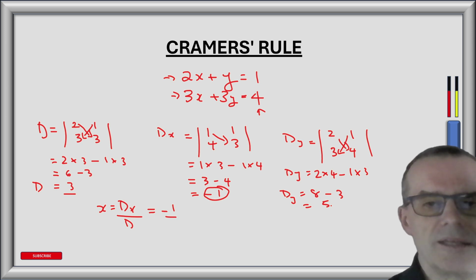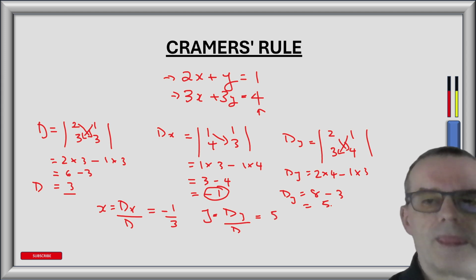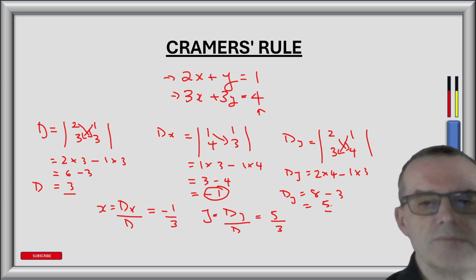So x is minus 1/3, and y is equal to the determinant of y divided by the determinant of the coefficient matrix. So the determinant of y is 5, and the determinant of the coefficient matrix is 3. So y is 5/3. So x is minus 1/3, and y is 5/3.